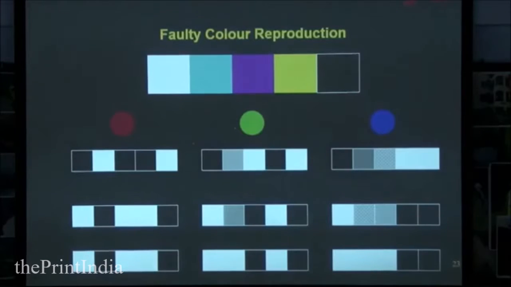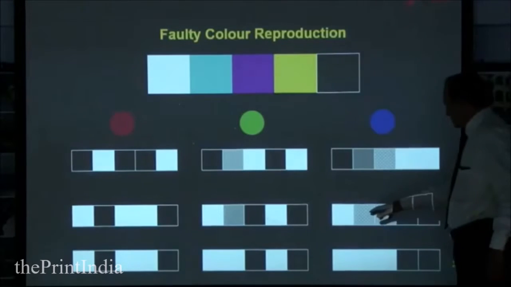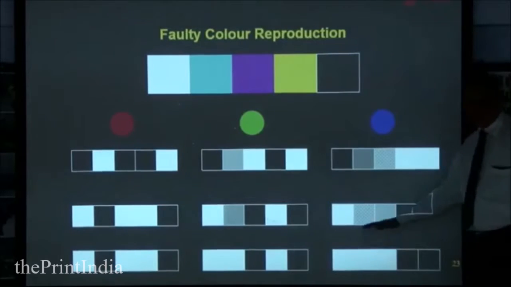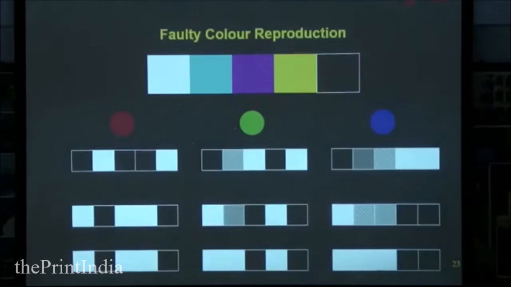So in the old days, skilled people, retouchers, used to work on the separations, and manually they used to remove these dots which are not supposed to be printed. That we call manual color correction. They have to remove the dots from the unwanted area and make it clean.